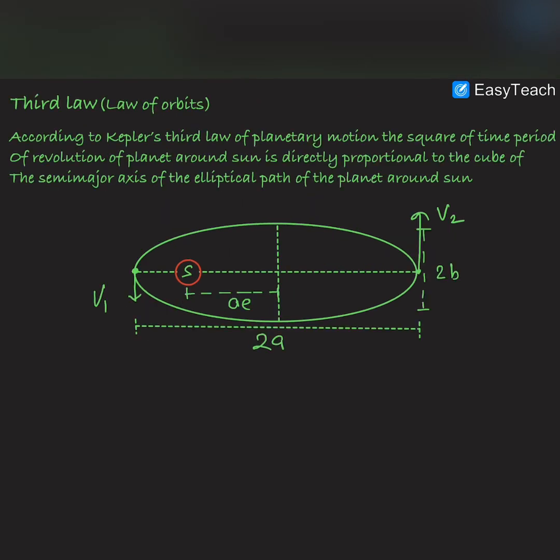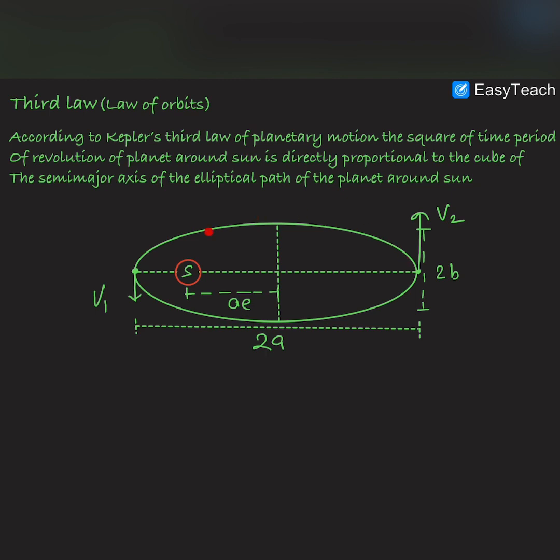Now let us discuss Kepler's third law. According to this law, when the planet revolves around the sun, the instantaneous radius is a variable quantity because the orbit is elliptical.